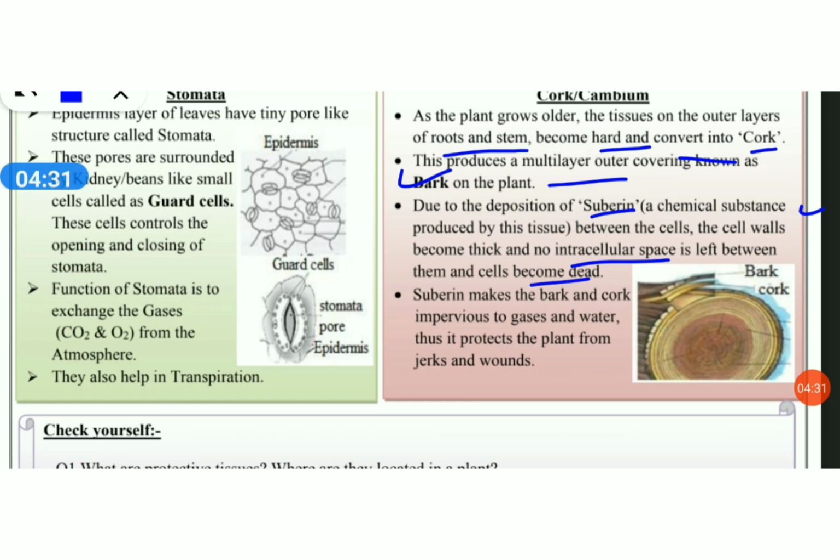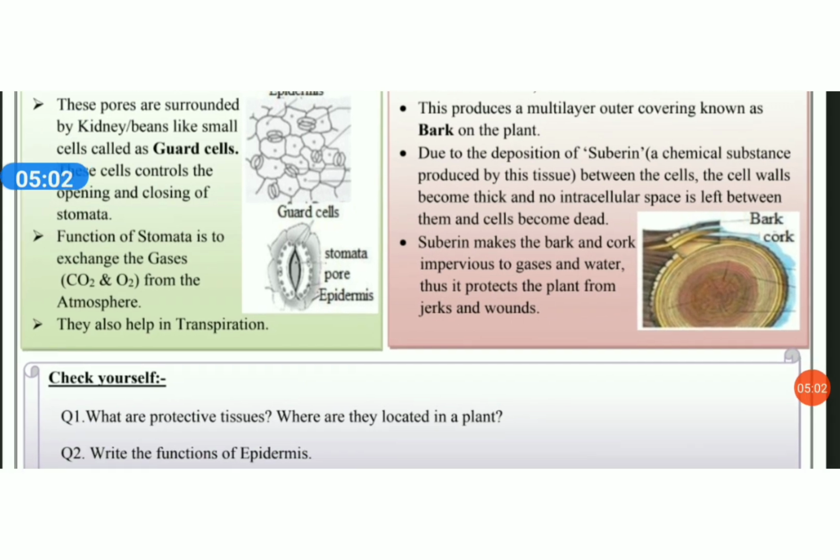Now suberin makes the bark and cork impervious to gases and water, meaning gas and water do not enter the bark due to the presence of suberin, and thus it protects the plant from jerks and wounds. So now we have studied today's topic about epidermis, stomata and cork.